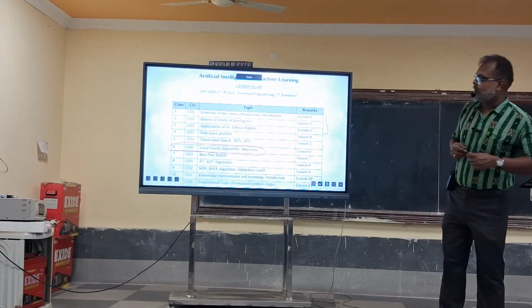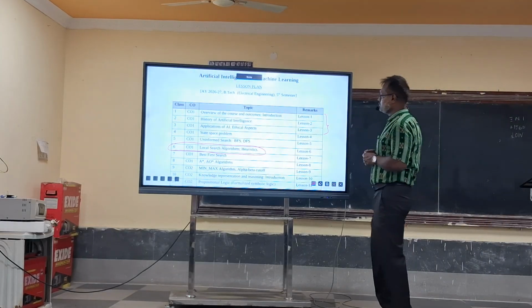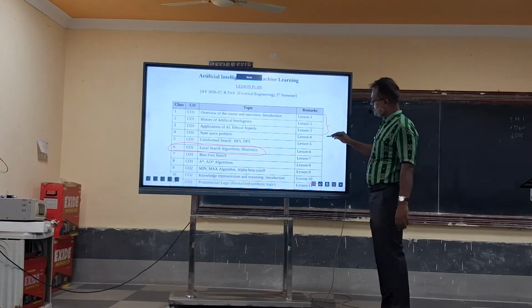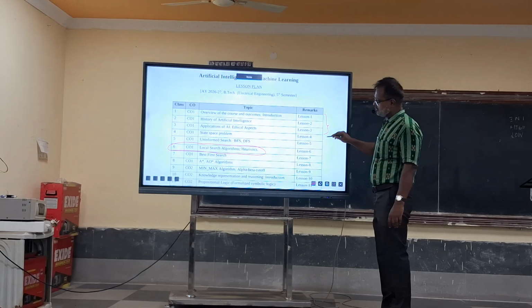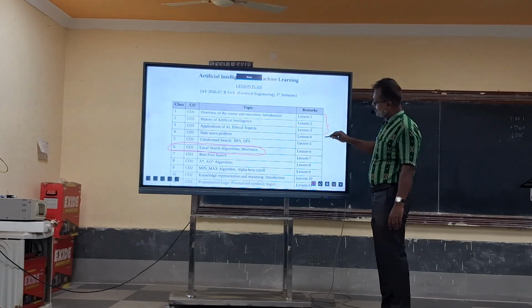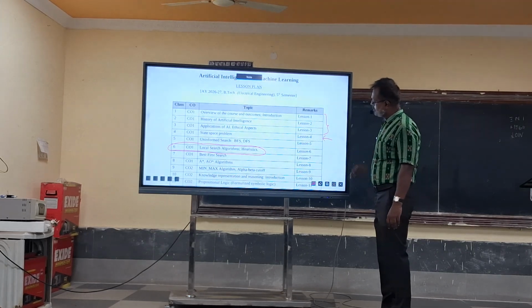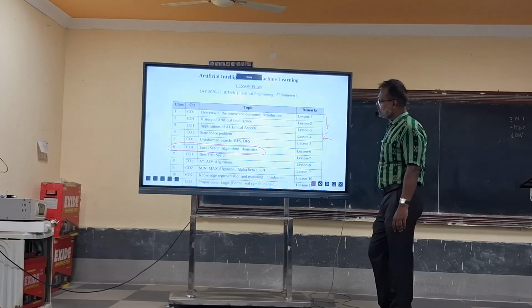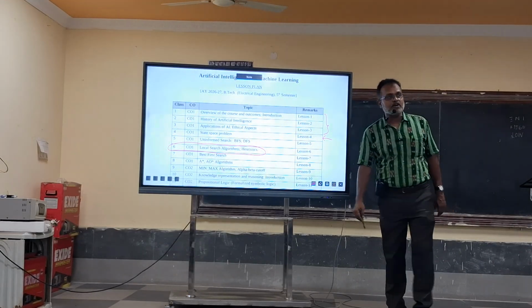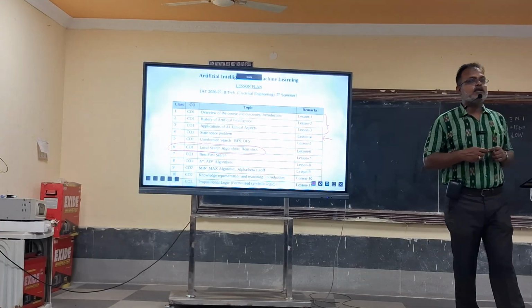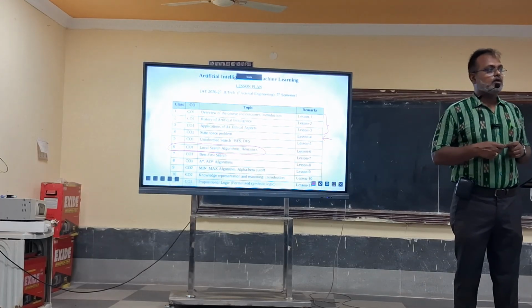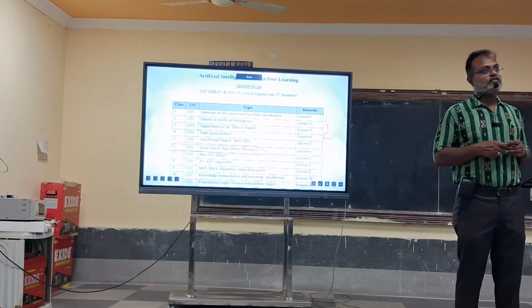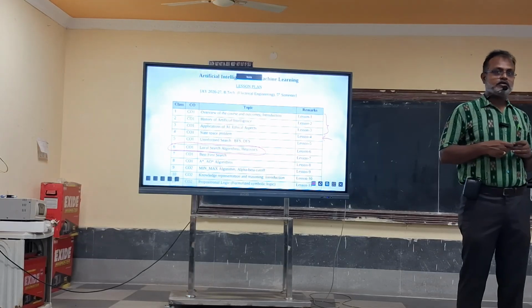Then we discussed how a problem can be represented as a state space problem. Then we discussed the basic search techniques known as uninformed search, which is searching the state space when no information is available.